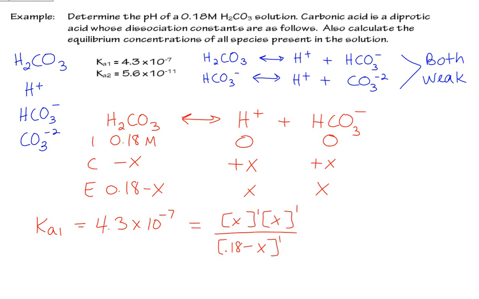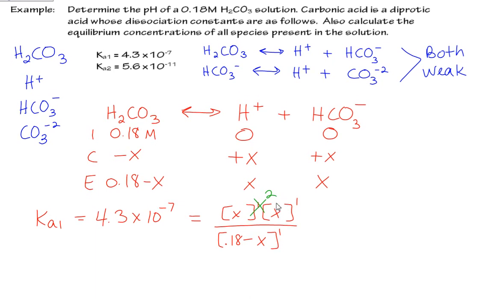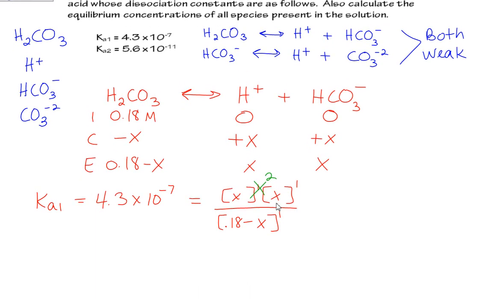And again, you might be getting good enough that you can simplify this right away. Like I bet some of you just wanted to go x squared on the top. That's fine. You can plug that in right away as x squared. And I bet some of us are thinking here that we'd really like to do the 5% rule, right? Because I don't feel like solving this quadratically.